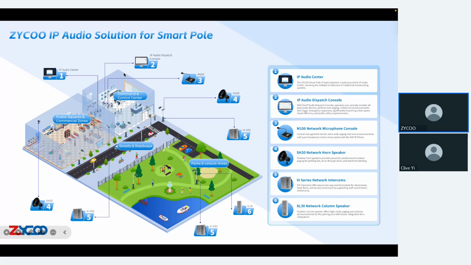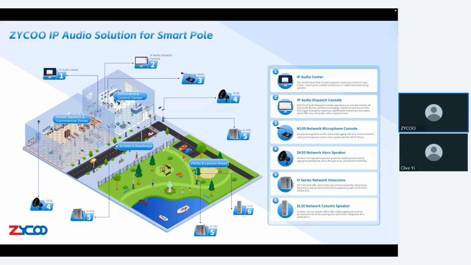And for the command center or control center, this is where the server is installed, and where our dispatch console is that you can use to manage all the devices.